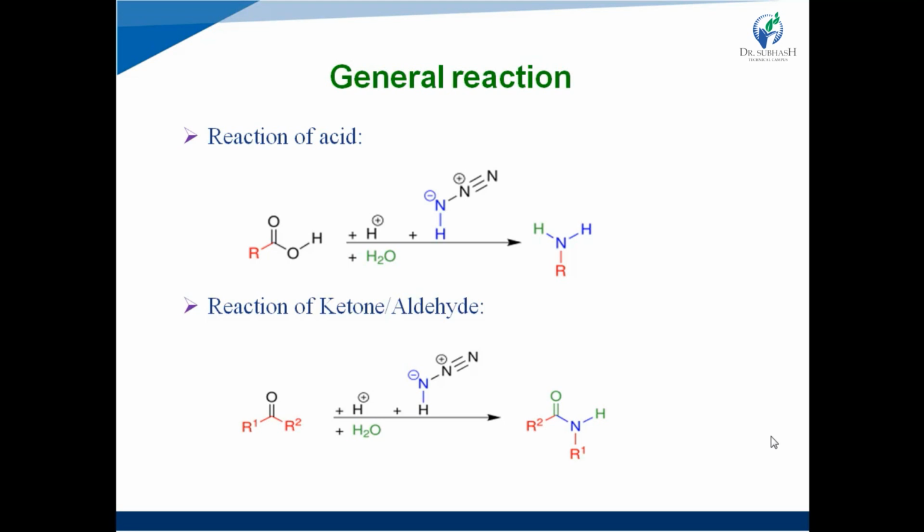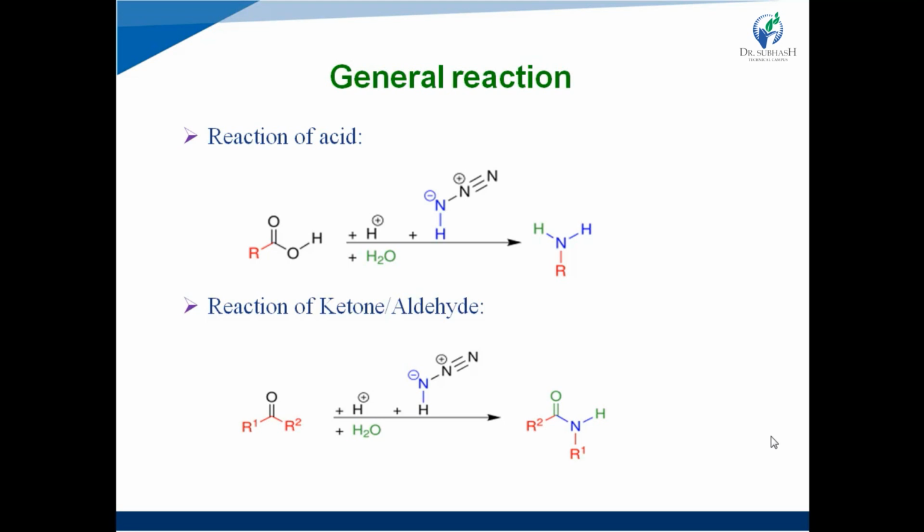Color of the atom shows its root, from where it becomes RNH2 amine. R, that is alkyl group of acid, NH, that is from the azide molecule, and H, one hydrogen is from water molecule. That's why when carboxylic acid undergoes Schmidt reaction, it produces the corresponding amine.